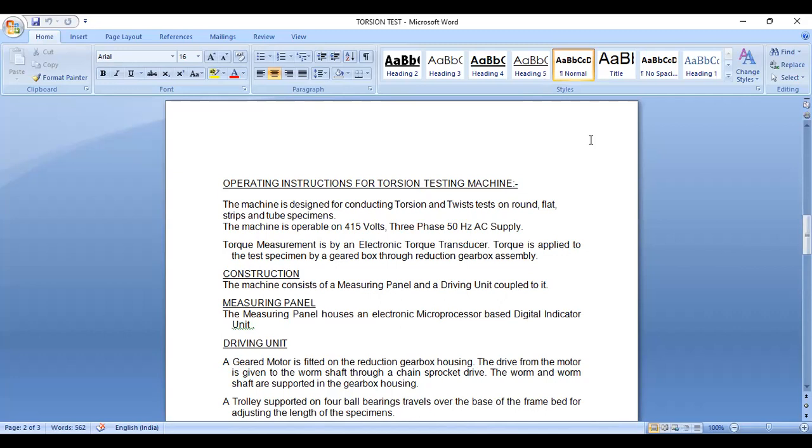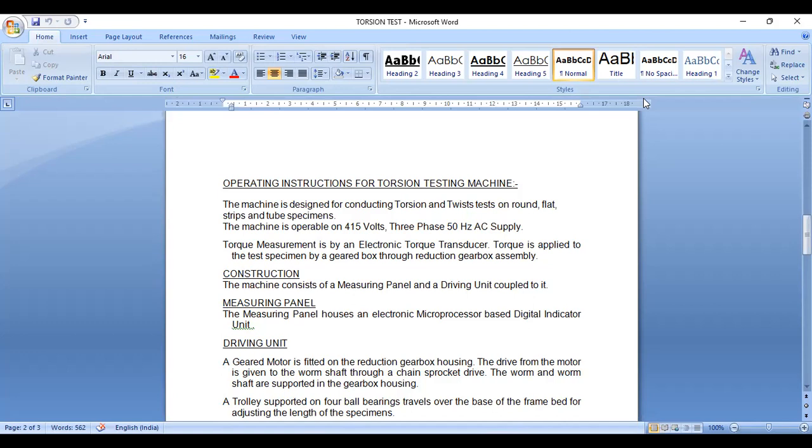These are standard tests used in industry, in research labs, and in institutes to check and verify certain properties of the materials or raw materials being used for manufacturing different items in our workshops, in our structures, and in any other manufacturing area.